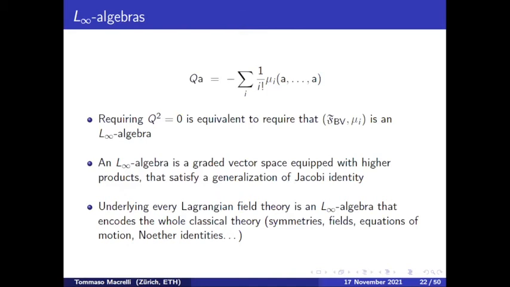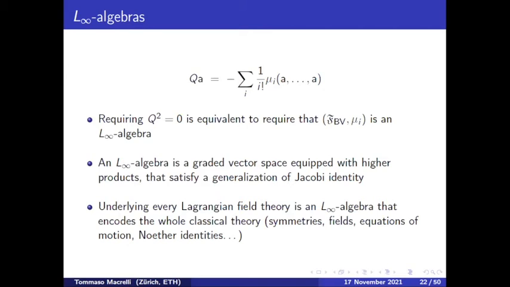The homotopy part. Well, the standard Jacobi identity, which is the third component of this homotopy Jacobi identity, is precisely the left-hand side, and the violation of the Jacobi identity would be something like mu1 of mu3 of a, and mu3 is the homotopy that controls the violation of the standard Jacobi identity.